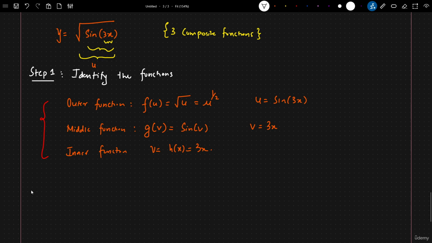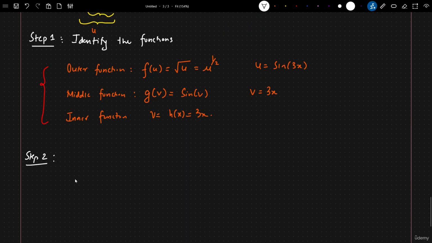Now let's go to the next step with respect to differentiating. Let's first talk about the outer function. f dash of u is equal to 1 by 2 u to the power of 1 by 2, which is nothing but 1 by 2 root of u, right?